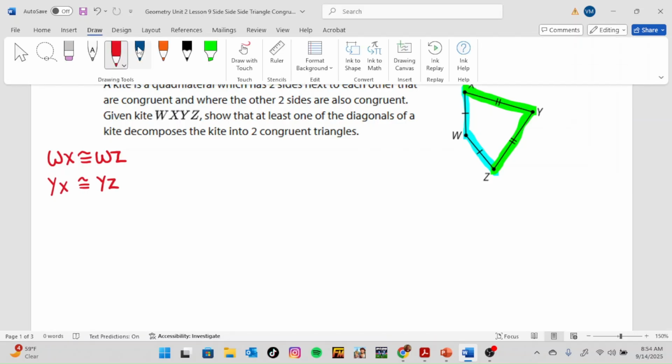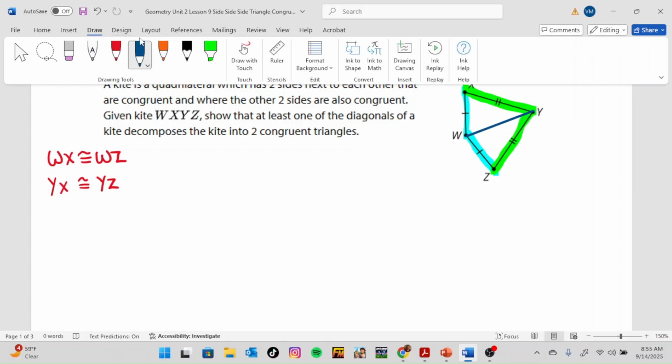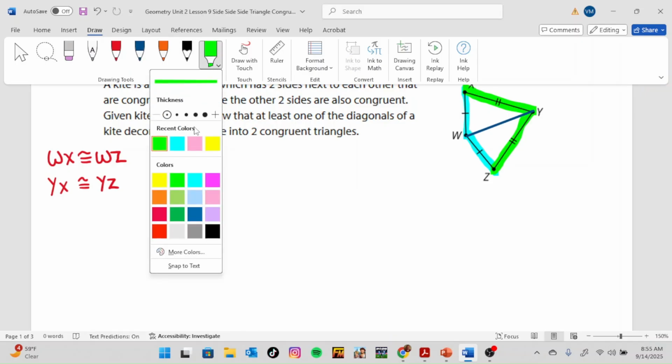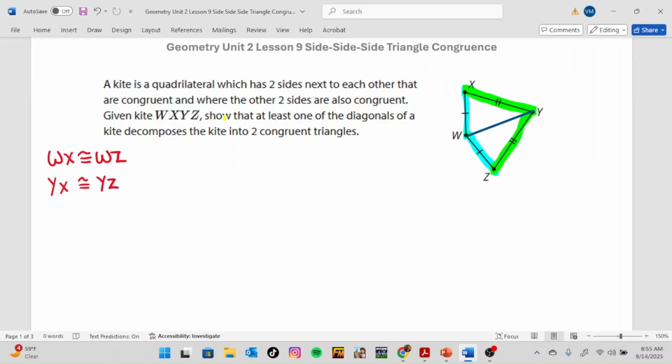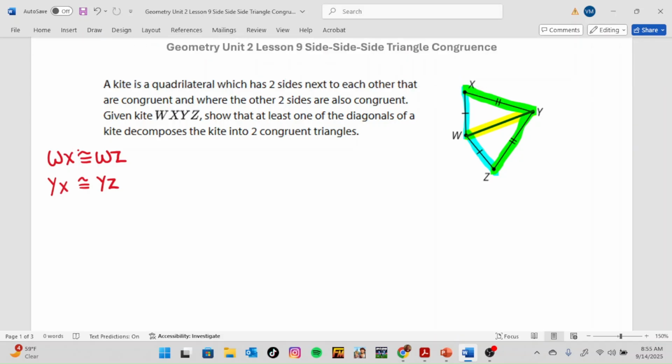Now, if I were to draw a line WY, then we can go ahead and say that WY is congruent to WY because they are the same line.